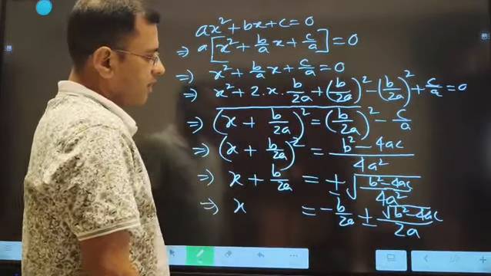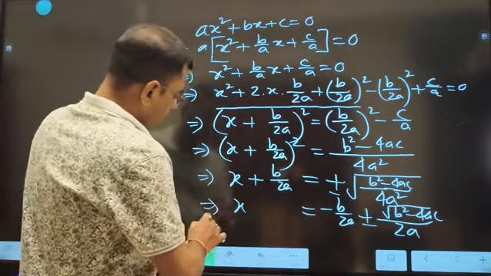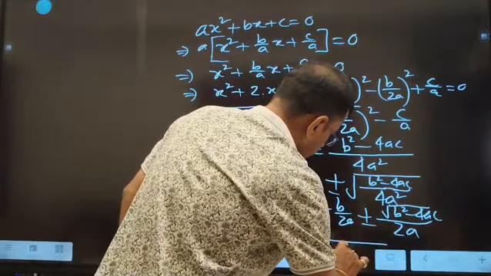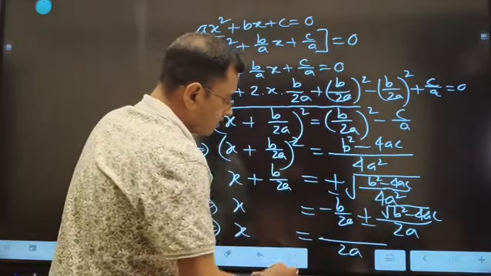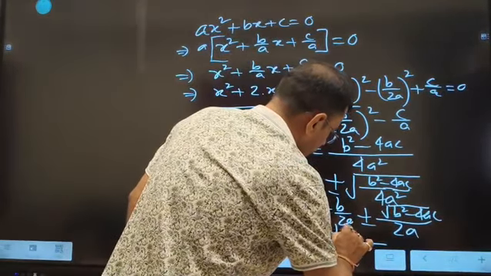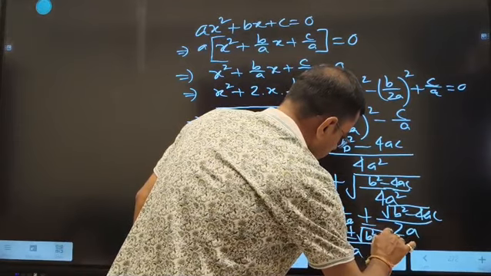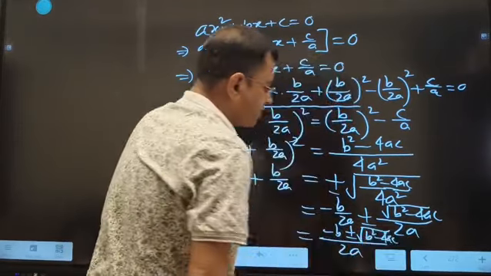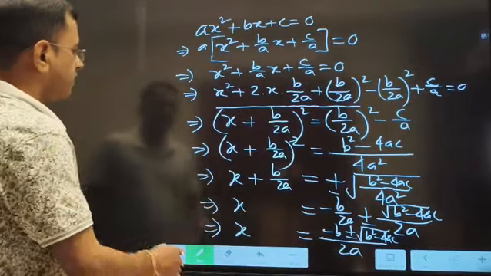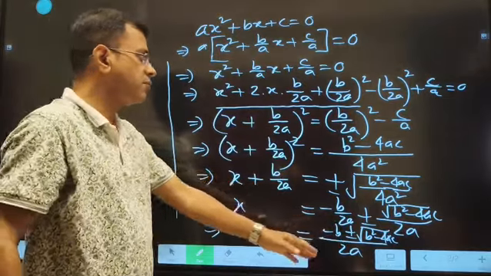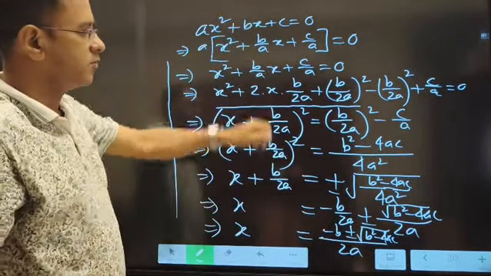Taking 2a as the LCM, x equal to minus b plus minus root over b squared minus 4ac, divided by 2a. This is the quadratic formula, derived from the general quadratic equation.